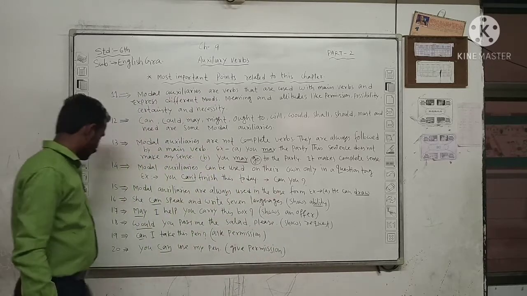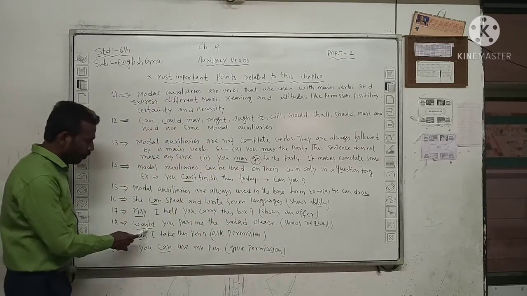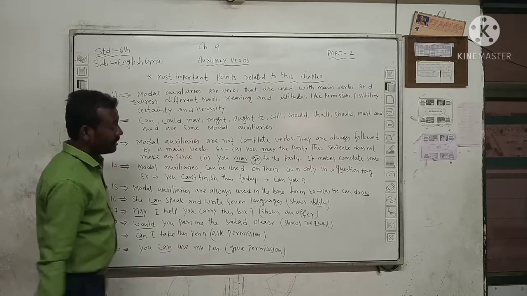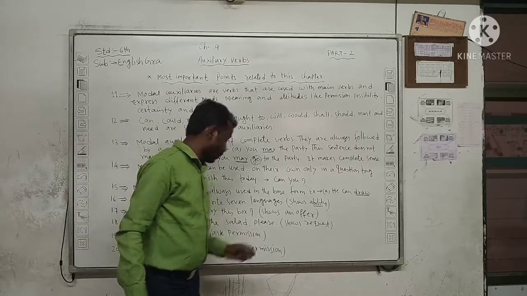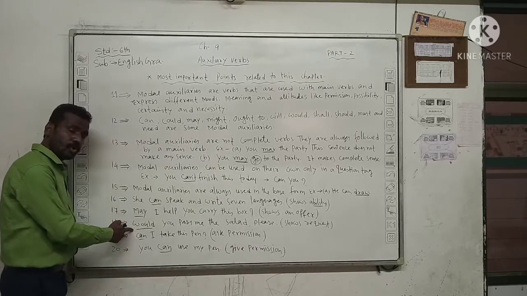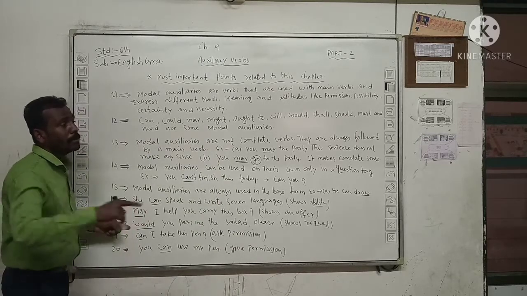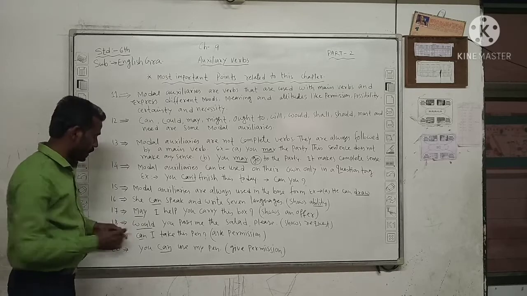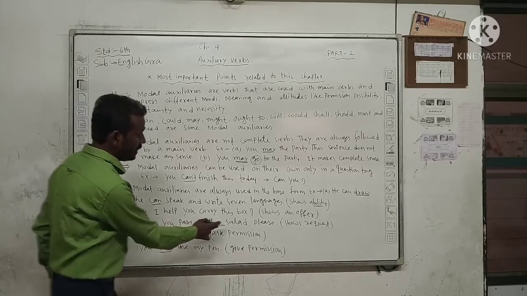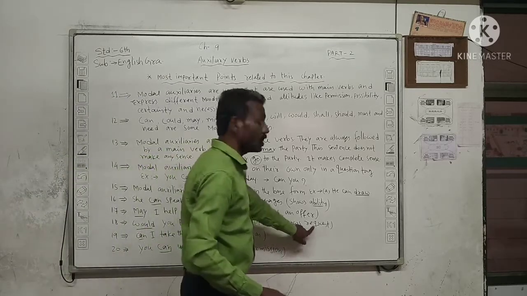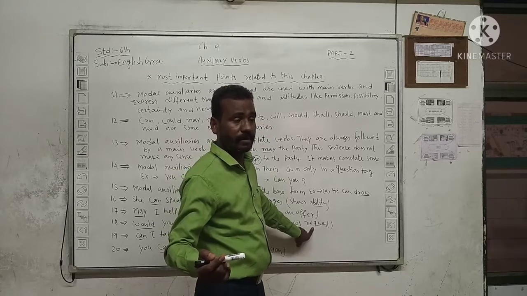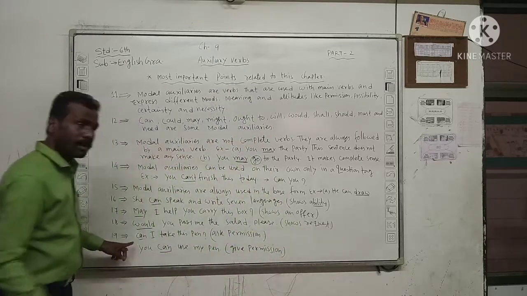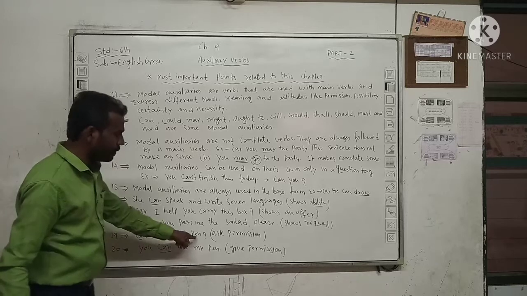This is the 18th point. Could you pass me the salad, please? When you use would or could, it is the polite word. Would you pass me the salad, please? It shows a request. Request करना है यहाँ पे. Point number 19. Can I take this pen?